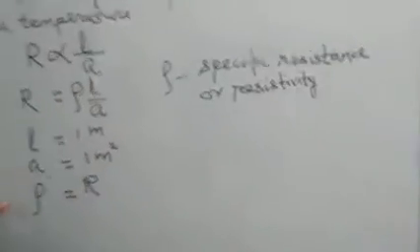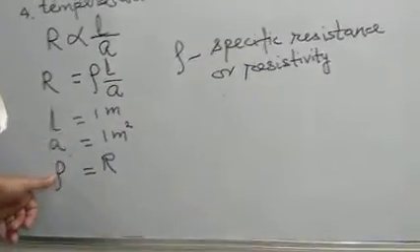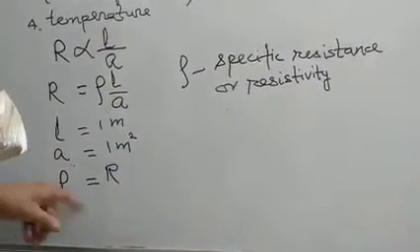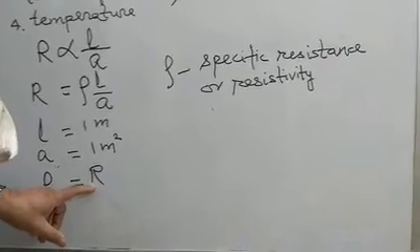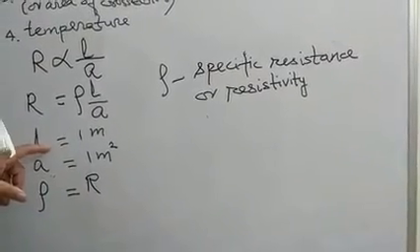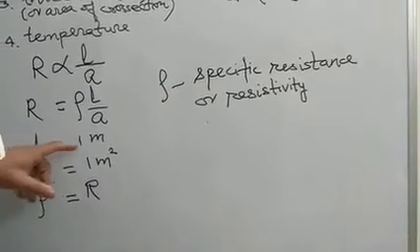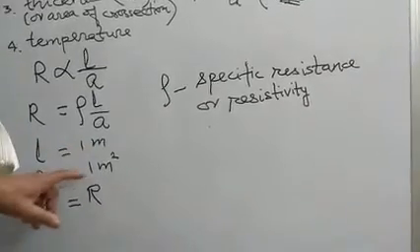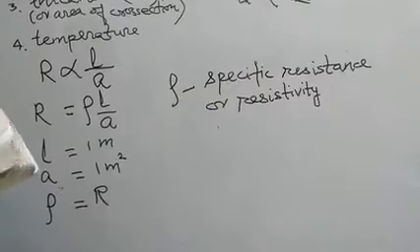How will we define? Specific resistance of a wire is equal to the resistance of a wire made up of 1 meter length and having a cross section area 1 meter square.